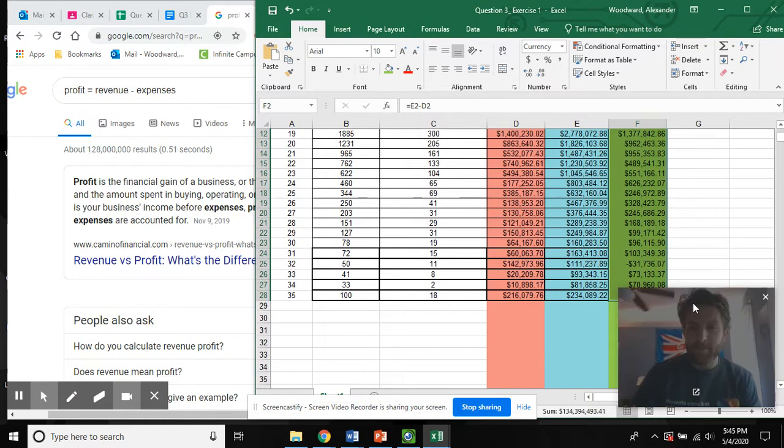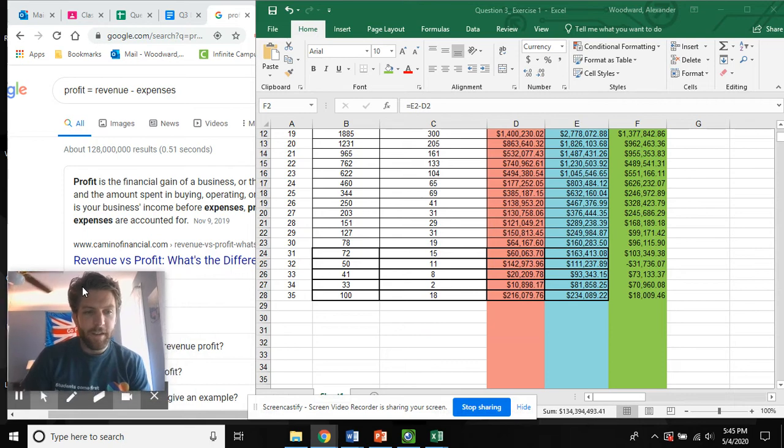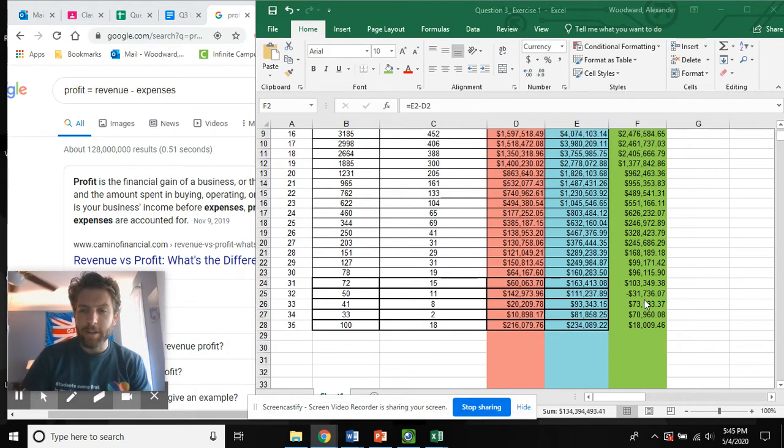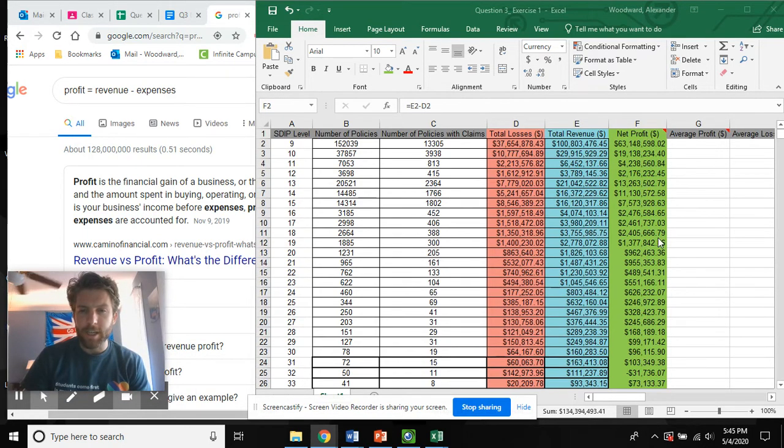Once you do that, it'll automatically fill in the profits for each SDIP level.